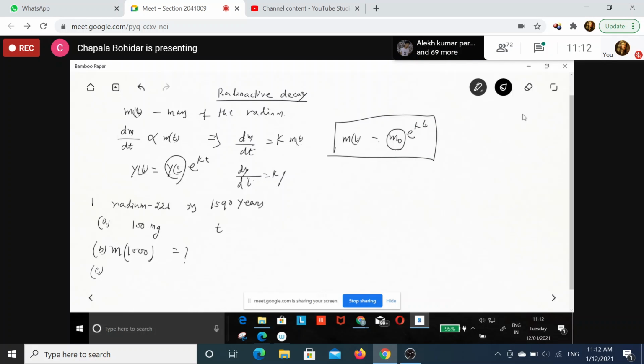C. When will the mass be reduced to 30 milligram? What is the value of t when M(t) is equal to 30 milligram? Okay. So initially, what is the value given to you?